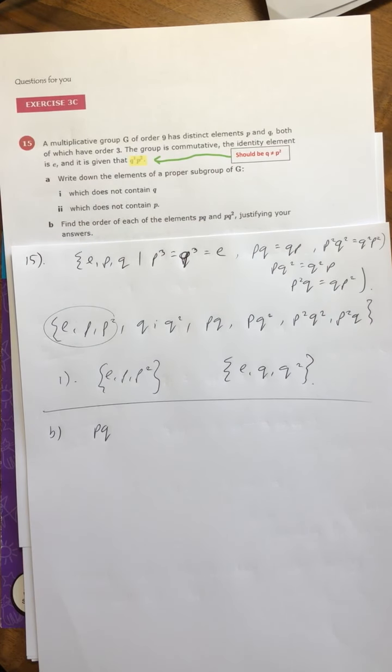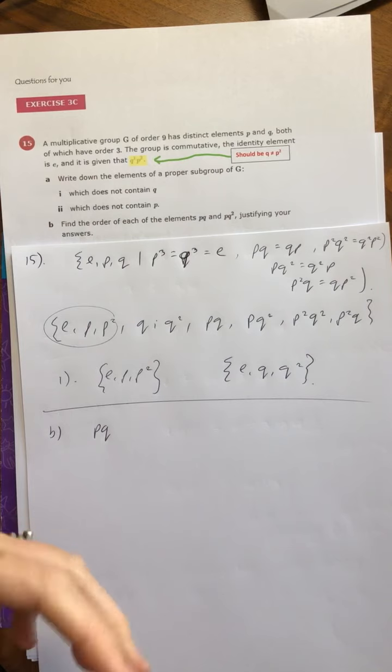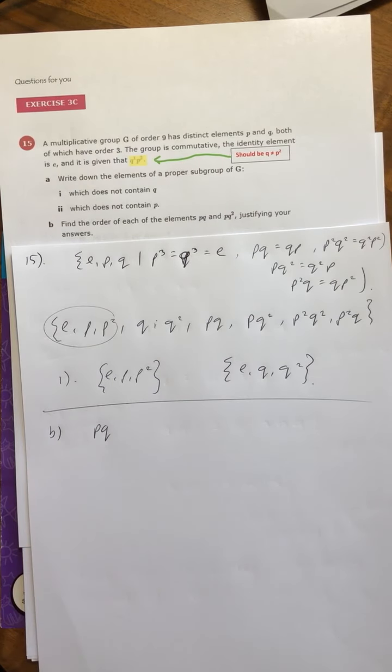So it's a group of order 9. So by one of those little additions to Lagrange's theorem, you know that the subgroups can only have order that's a factor of 9, so 1, 3 or 9. Proper subgroups just order 3, but actually it's the same for the order of the elements, isn't it? So the order of the elements can only be 1, 3 or 9.